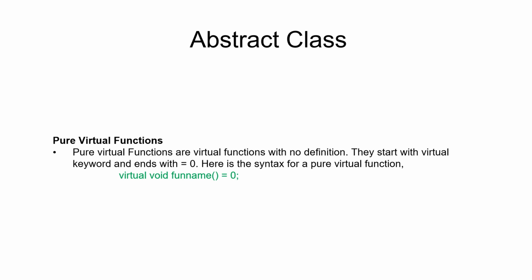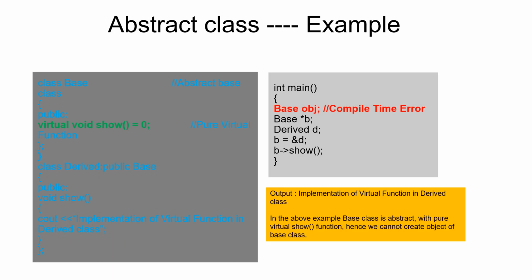Okay. A pure virtual function is nothing but what we call a virtual function equal to 0. So this is one example for the pure virtual function and also the abstract class. So we have the abstract class. The class name is base, and we call this an abstract class because this class has the pure virtual function, virtual function equal to 0. And we have the derived class named derived, and here we have the function name show.